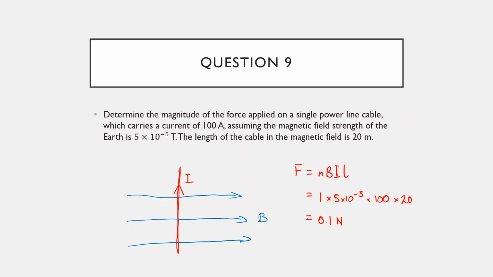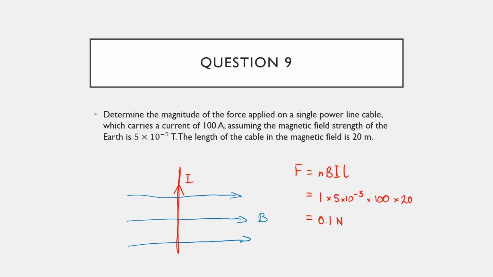If your current is perpendicular to a magnetic field, you can use F equals NBIL to work out the force that it would experience. And if you wanted to, you can use your slap rule to determine the direction of that force. So in this case, the way that I've drawn the picture, let's do it ourselves. Make your fingers point in the direction of the field, which is to the right.